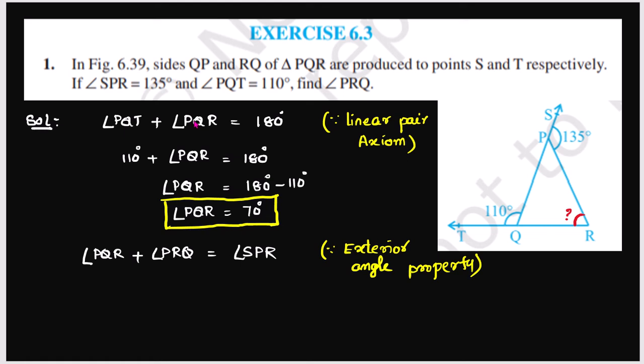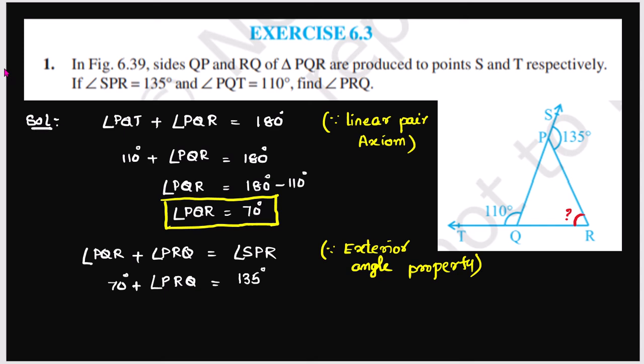For SPR, what are the two interior opposite angles? PQR and PRQ. Here angle PQR, which we just got, is 70 degrees, plus angle PRQ, the angle required to find, equals angle SPR, which is already given in the question, 135 degrees.